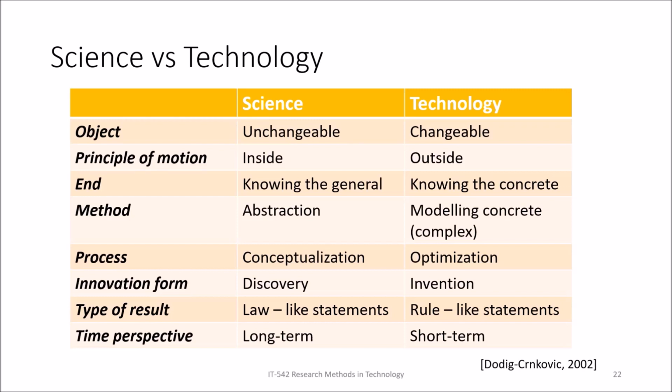But technology is an invention, right? Technology is an invention. Invention means you have to use some previous things and create a new innovative thing, right? Then the type of result, I discussed, there are some laws in science, and in technology some rules that can be used. The time perspective is long term in science, and in technology it is short term.